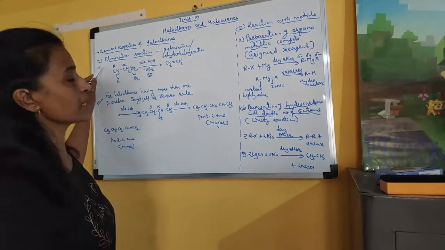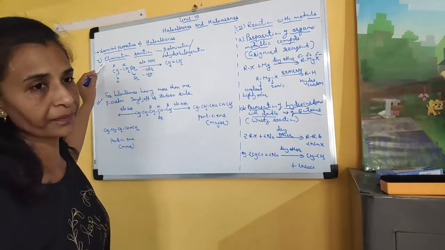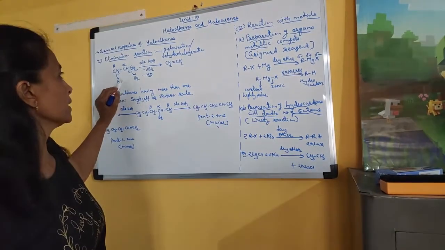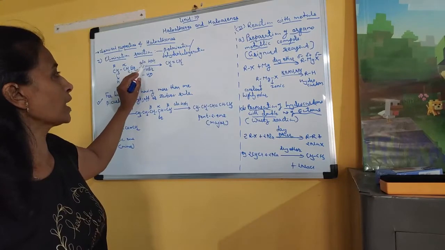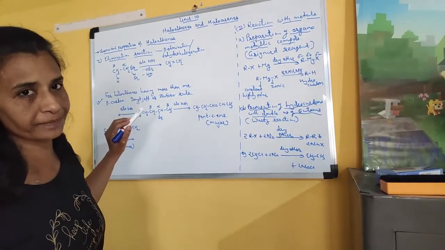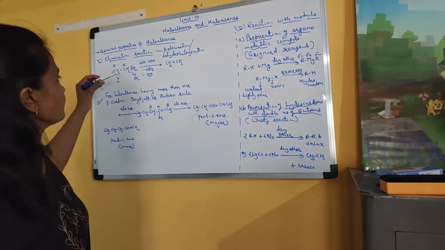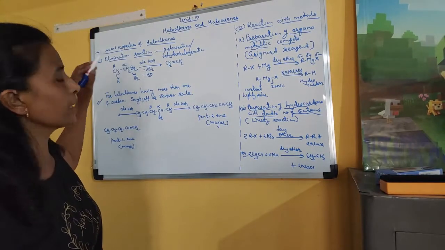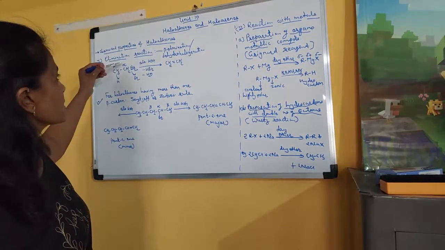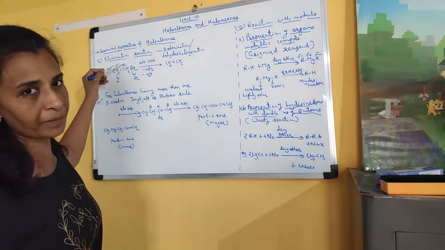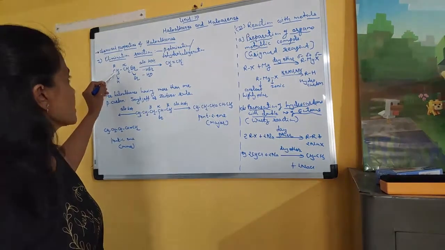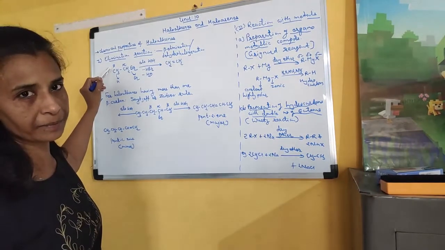The first one is an elimination reaction. In this reaction, haloalkane is reacted with alcoholic KOH, so that in haloalkane, the carbon containing halogen is considered as the alpha carbon, and the carbon adjacent to alpha carbon is considered as a beta carbon.